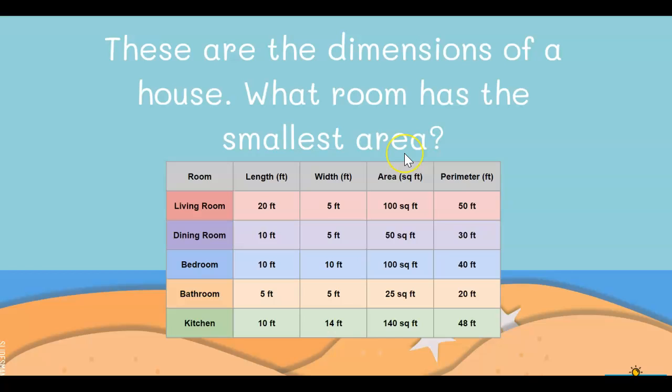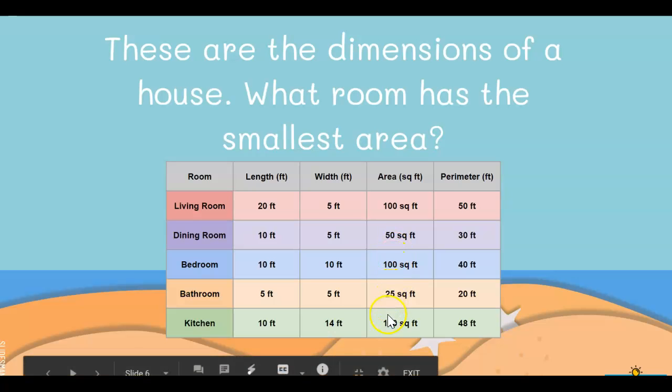I want you to see if you can find the largest area. Okay, so again, we have to go down to the area part right here, and you go down, you find the biggest number. And when you go down, you'll notice that 140 square feet is the largest, and that's for the kitchen. So the largest area is for the kitchen, and the smallest again was the bathroom.